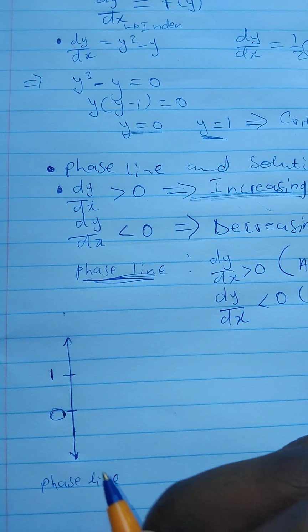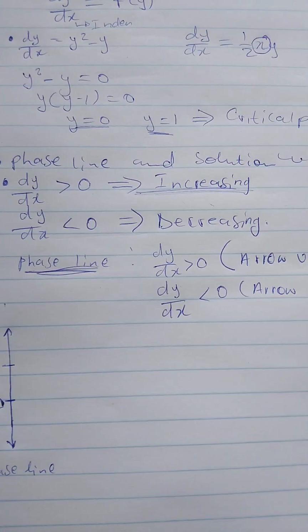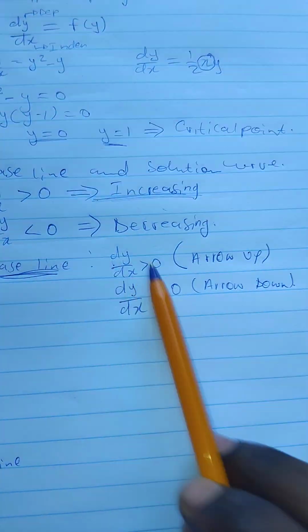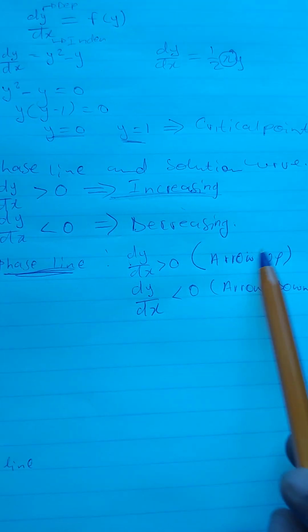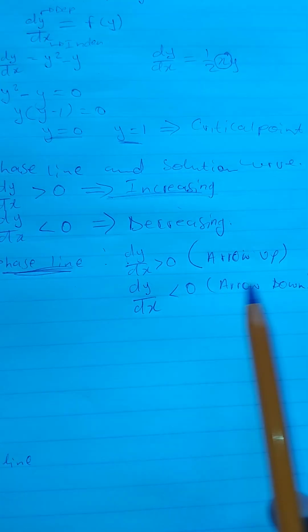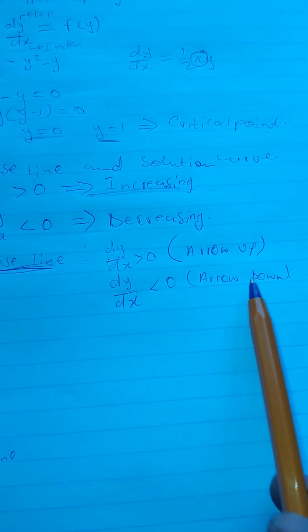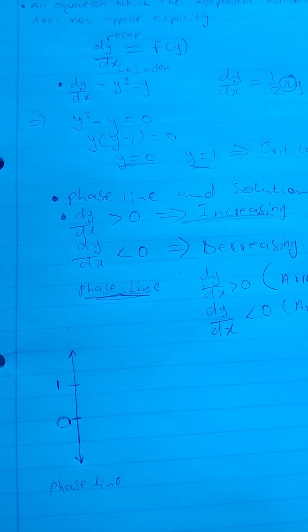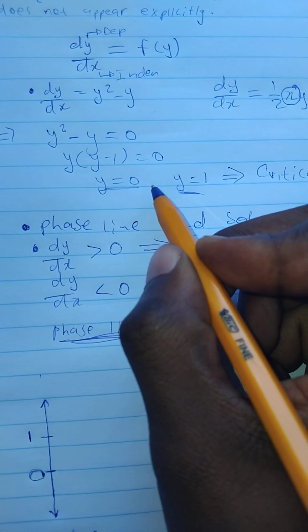Okay, so on my phase line, I said that if the derivative is increasing, greater than 0, positive, we have an arrow facing up. Or if it's negative, we have an arrow facing down. Okay, how are we gonna find where our function is increasing and decreasing? It's still the same way that we used to do in calculus.